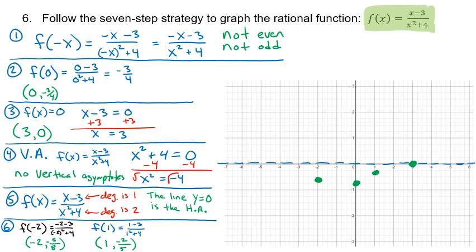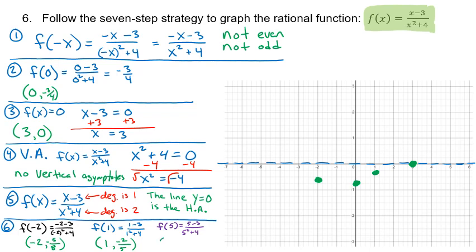Wouldn't hurt to do just one more point. Let me use a different color here. So let's say f of, I don't know, f of 5. So you get 5 minus 3 on top, 5 squared plus 4 on the bottom.